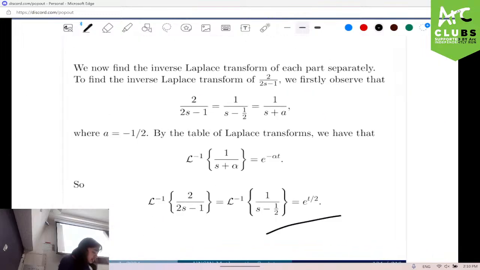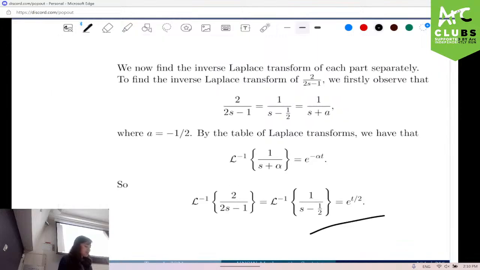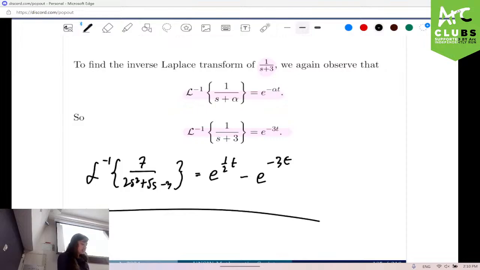And then keep in mind that this bit is a negative. Don't accidentally add it like I did when I first did it. So minus e to the minus 3t. That is your inverse, right? So that's like 3/4 of it done.